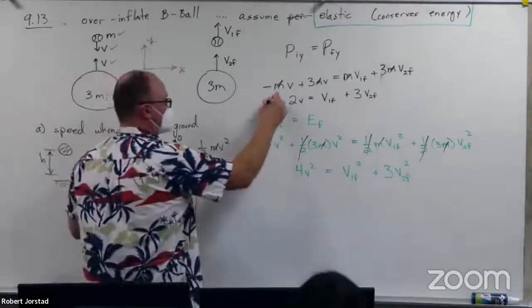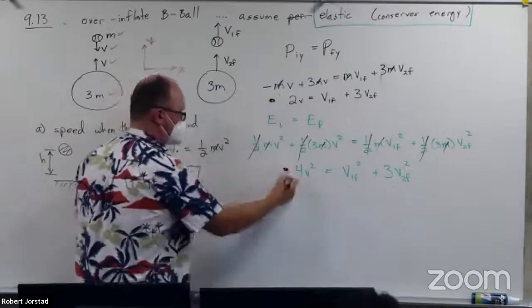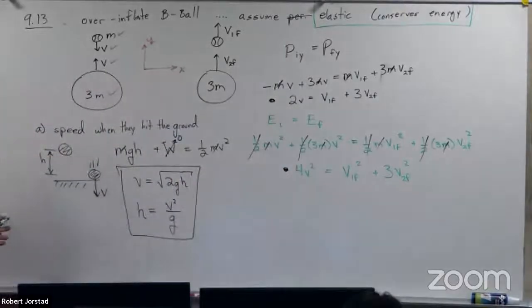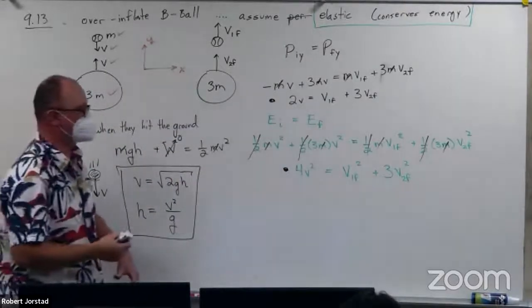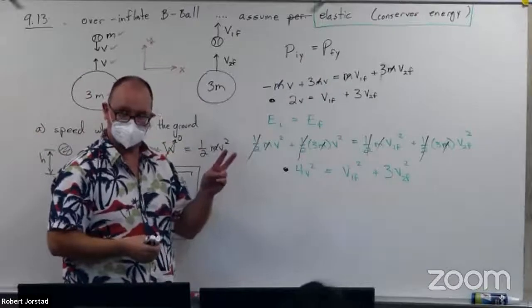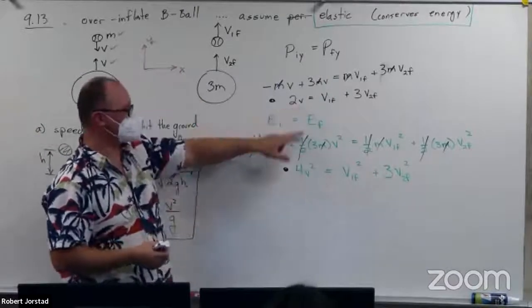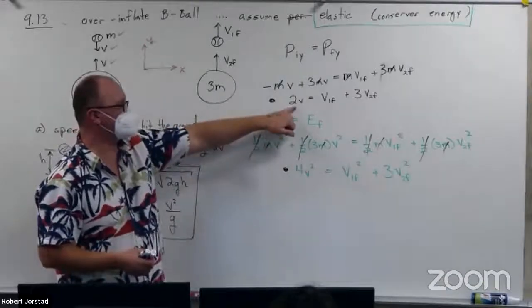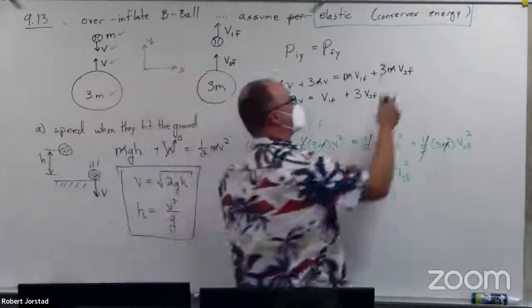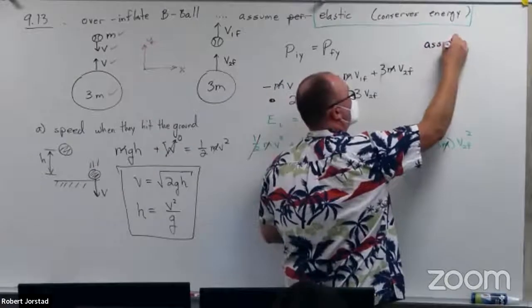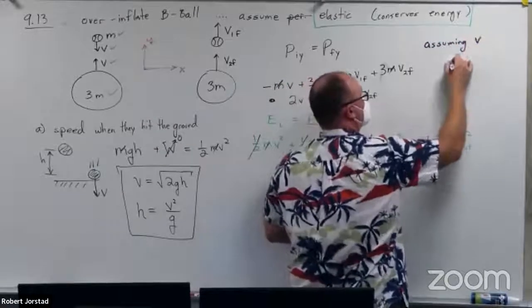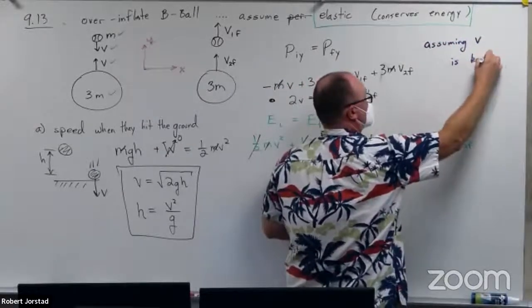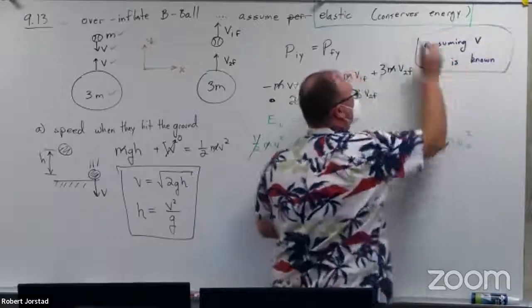I have this one, and I have this one. How many unknown parameters in theory in a real life experiment? 2. Right? Because I could get the v from the initial height that I drop it. So we're pretending that v is a given. We're assuming that v is known for this problem, right?